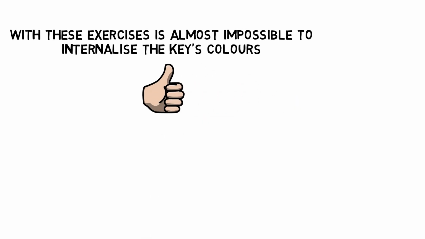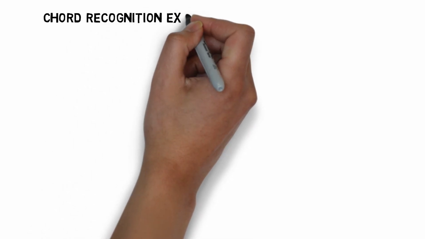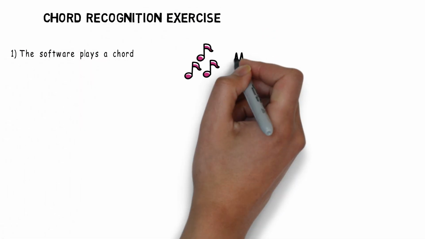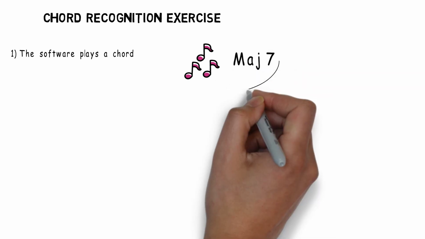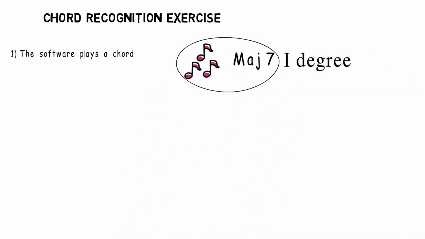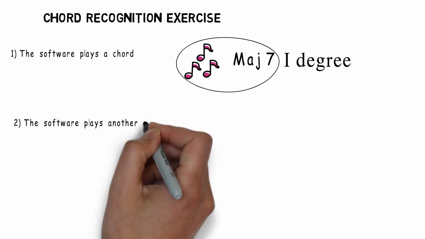Let's quickly see what happens also with the chord recognition exercise. Let's take our software that plays a chord. A major seventh chord that almost surely will be considered the first degree of a major key by our mind. Now our software will play another chord.